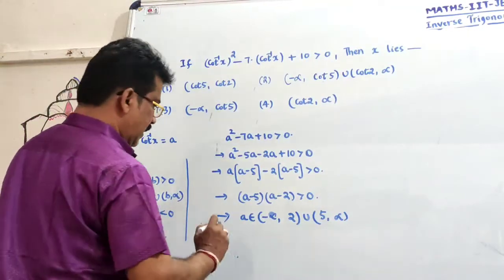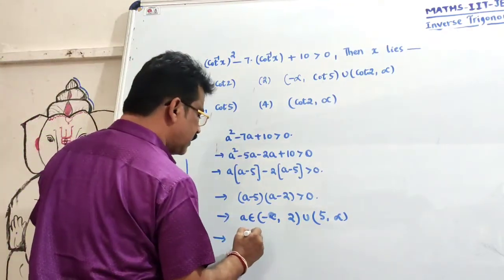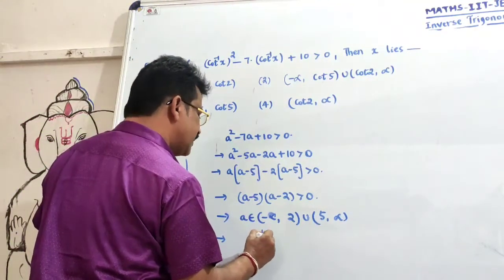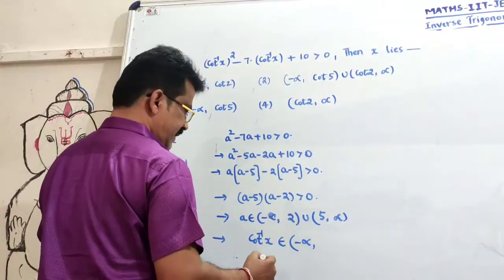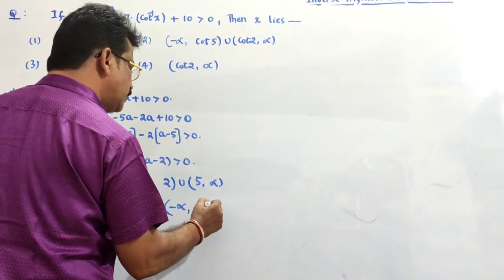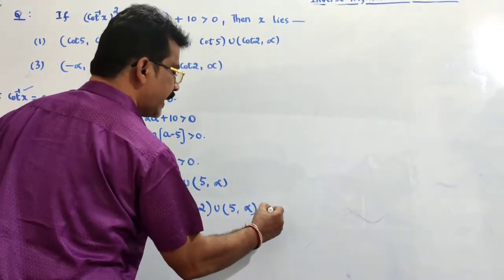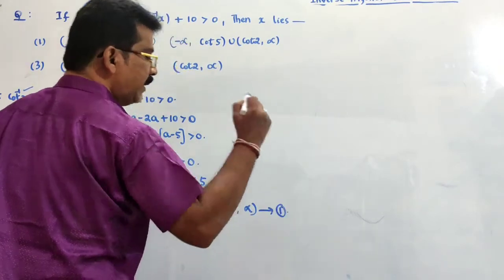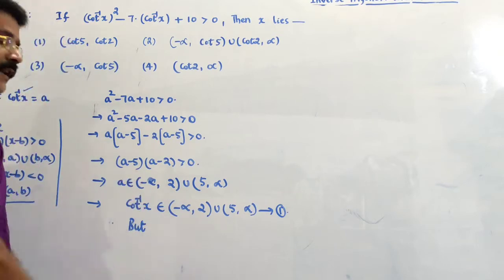So a means cot inverse x. Cot inverse x belongs to the open interval minus infinity to 2 union 5 to plus infinity. Let it be statement number 1. But what is the range of cot inverse x?